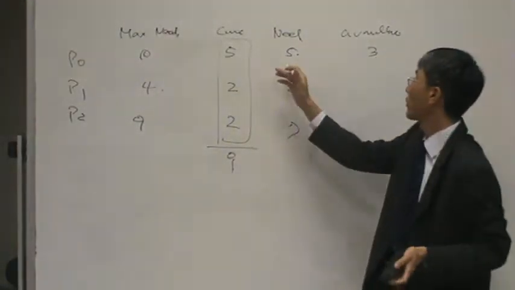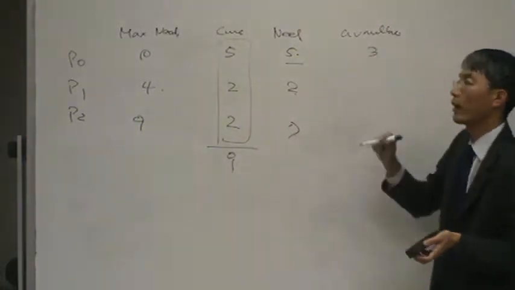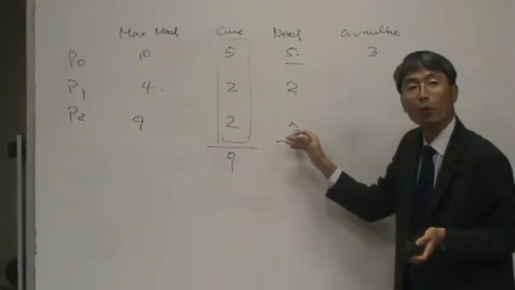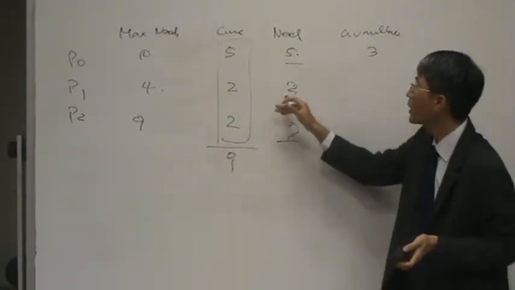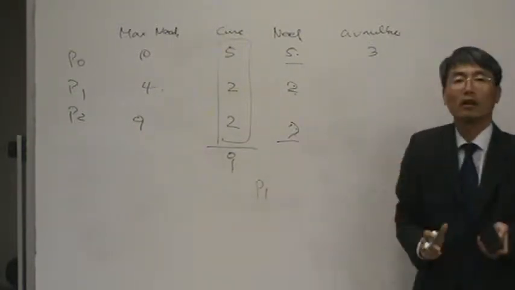Can you execute P0? No, because it needs 5 more, but right now we have 3 available. What about P2? It needs 7 more, so you cannot execute it. But P1 needs 2 more, which means P1 can be executed.